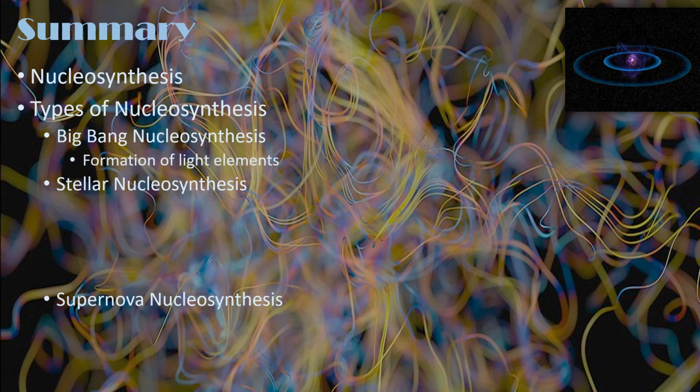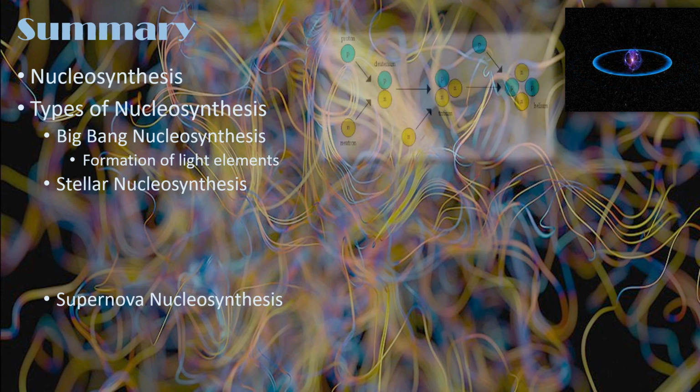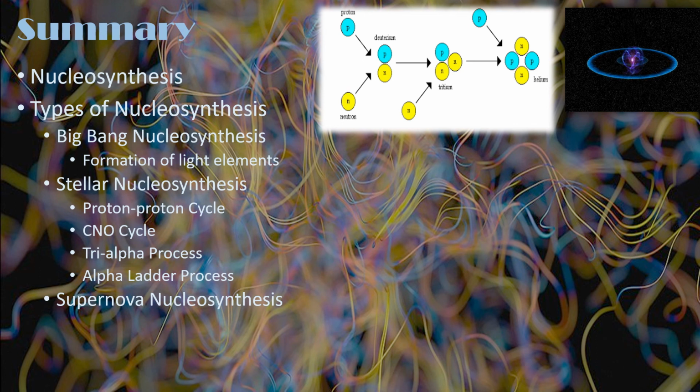Big Bang nucleosynthesis is the formation of light elements, while stellar nucleosynthesis is the formation of hydrogen to iron, from the proton-proton process to CNO to tri-alpha process up to the alpha ladder process.